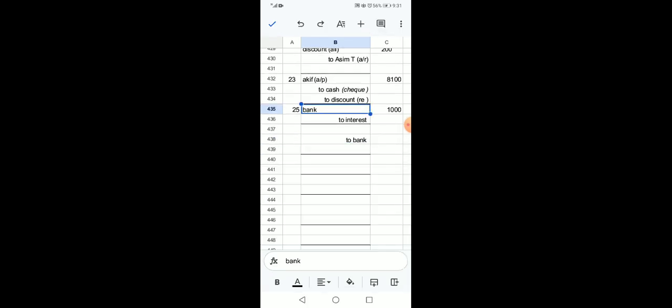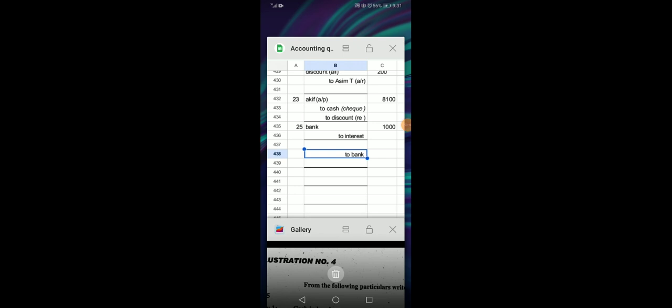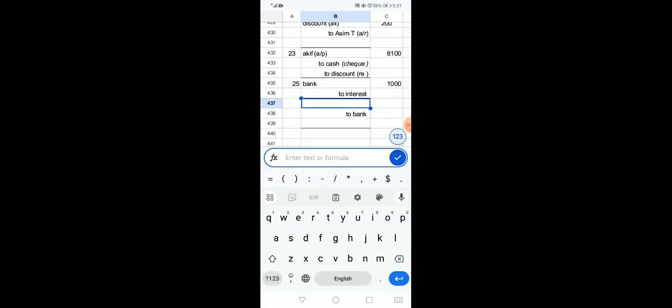Here he had credited his name, we had debited, and in return now the bank is debiting our name, and he has also explained that these are bank charges. Bank charges are clearly your expenses and should be mentioned on the debit side, so you will mention bank charges. Is it bank charges?